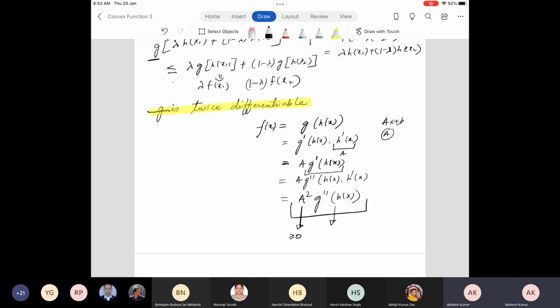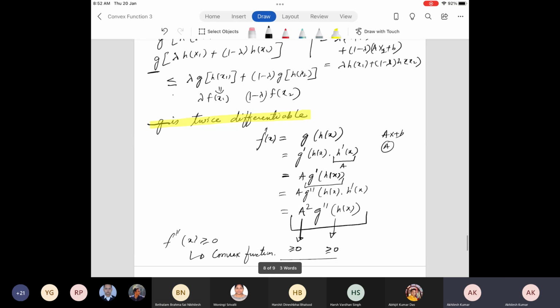Is g a convex function? Yes, sir. So what happens to its Hessian? Greater than or equal to 0. So both the quantities are greater than or equal to 0. So f double dash x is greater than or equal to 0. So can we conclude that it is a convex function? Yes, sir.